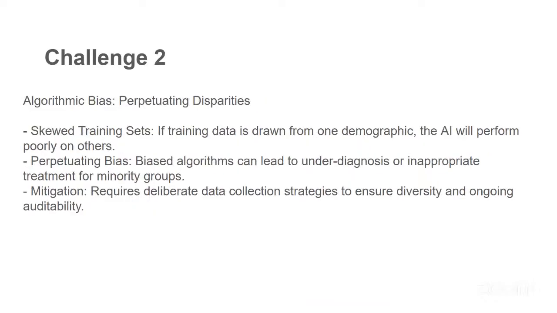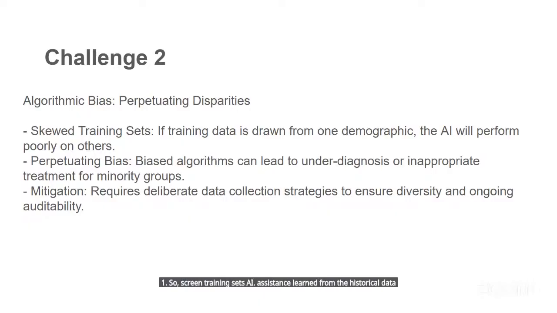Another major challenge in applying AI to healthcare is algorithmic bias. This occurs when AI systems unintentionally reinforce existing healthcare inequalities. And this is not a technical issue alone, it's also a social and ethical one. So, skewed training sets. AI systems learn from historical data.